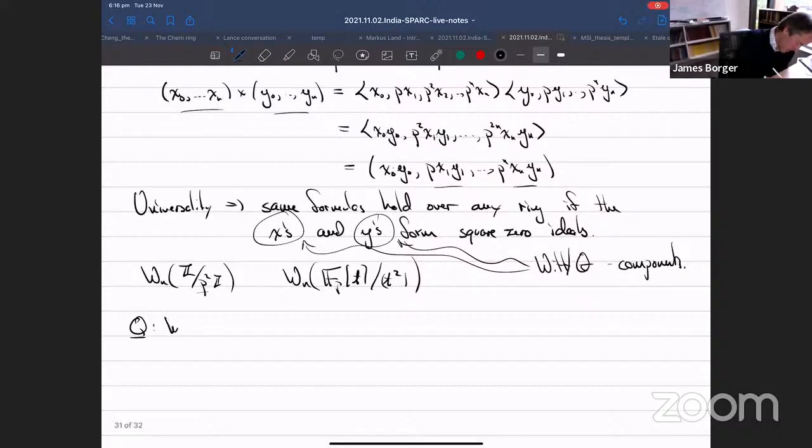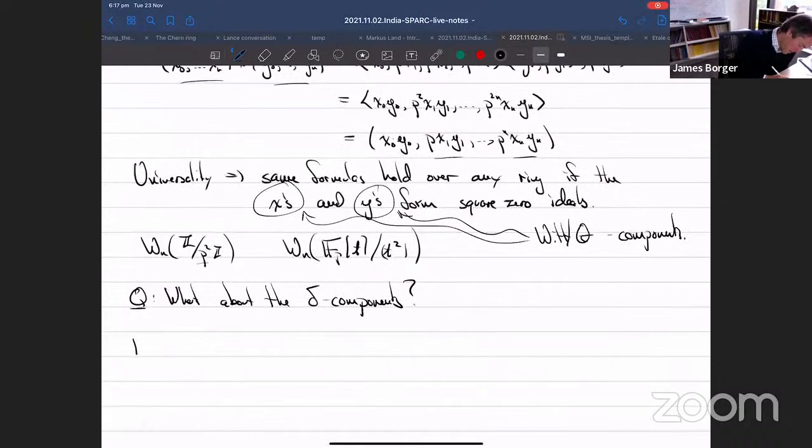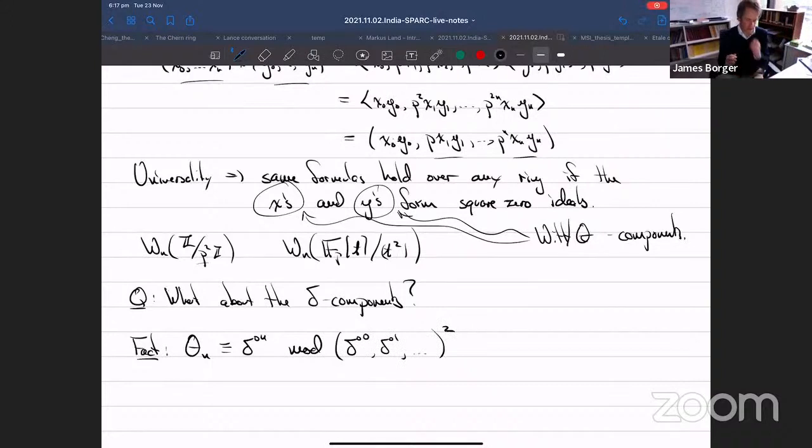Question: what about the delta components? So here's a fact, which I'm just going to have to ask you to accept: up to the square zero business, the two components are actually the same. So in fact, theta n is congruent to the nth iterate of delta modulo the square of the ideal of all of the deltas, or equivalently of the thetas.